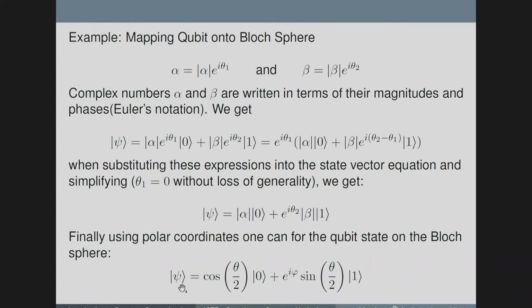But at the end of the day, what you end up with is this representation of your psi function where you have your theta, right? Your theta takes you from up to down on your Bloch sphere. And then you have your phi, e to the i phi, that's your phase angle, takes you around the Bloch sphere.